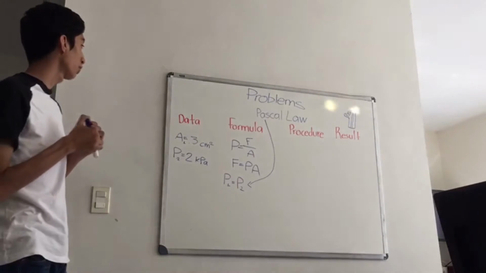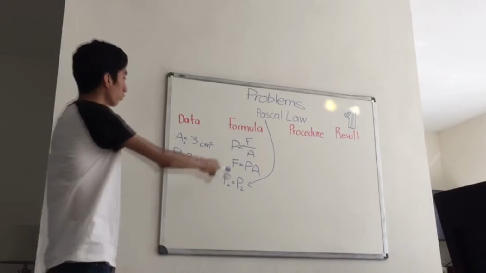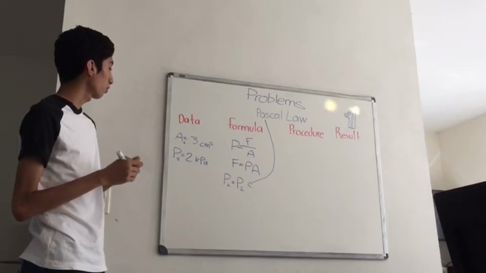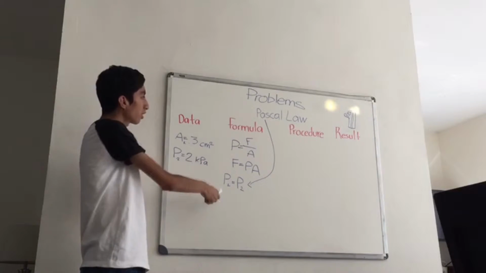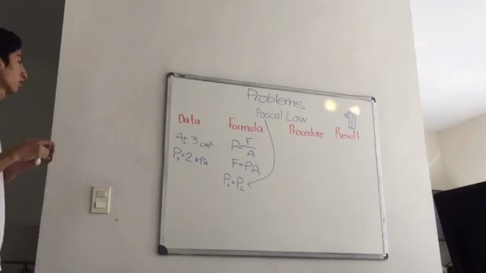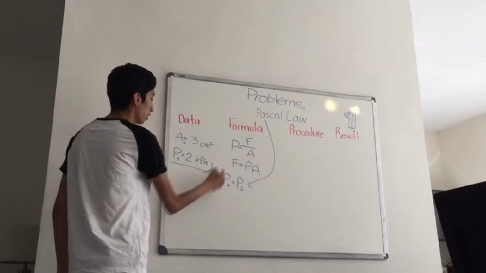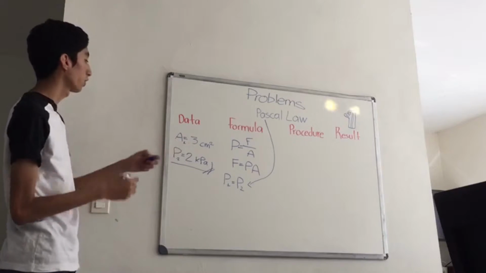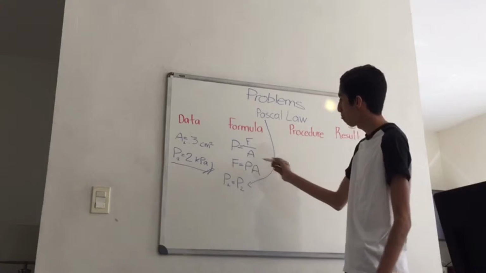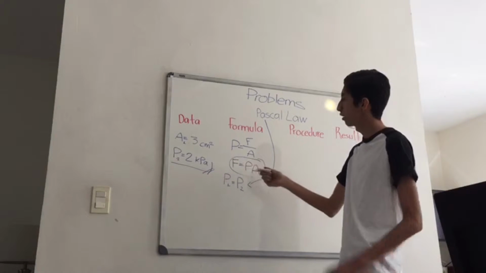I am Ivan and I'm going to explain the problem of stage 1. We need to find the force with this formula, so we need to know the pressure first, and by Pascal's law we know that the pressure from the sink is equal to the pressure of the pipeline. The problem already gives us the pressure of the pipeline in the area of the sink, so we can isolate the force in this formula because we have the pressure and the area.